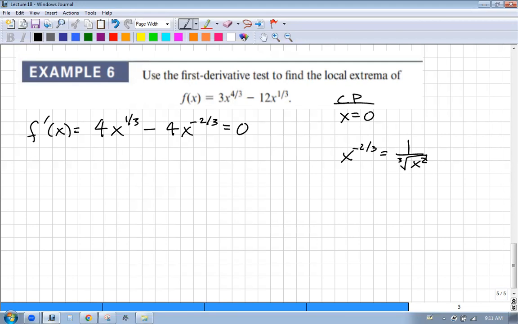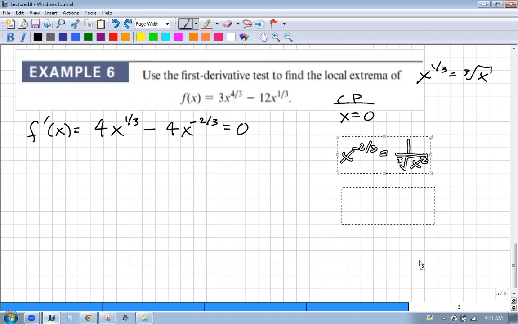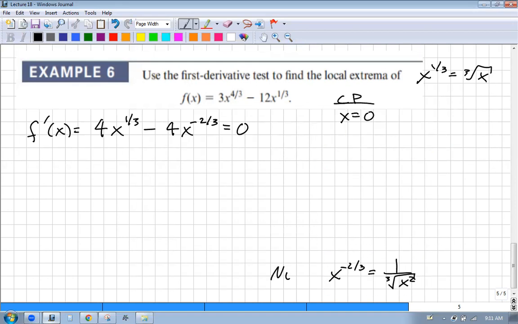Because remember, x to the 1/3 power is the cube root of x, and an exponent to an exponent, you multiply. So that's the way you would want to think about that. This is algebra stuff, but that's the kind of stuff that gets easily forgotten or not absorbed, until it shows up constantly.